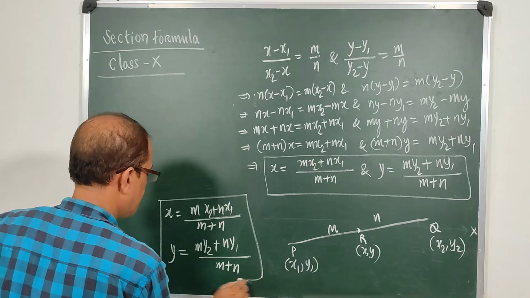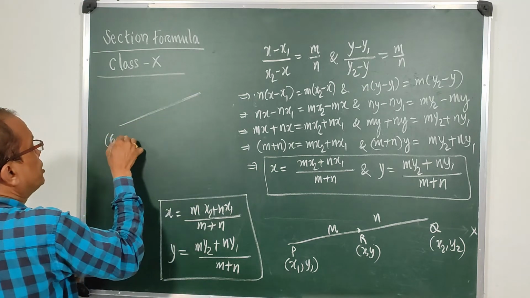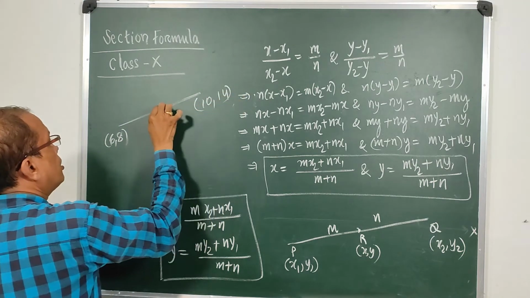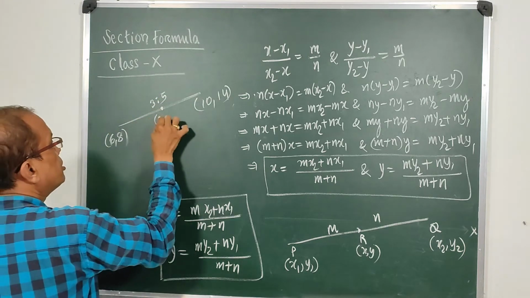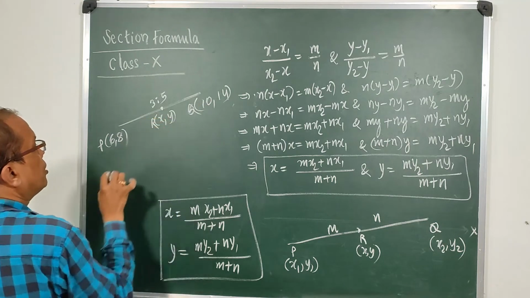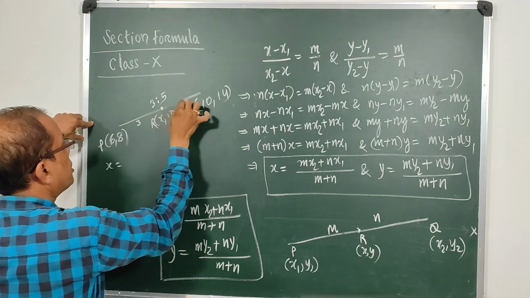Now just put these things. Suppose this point is (6, 8), this point is (10, 14), and this point divides in the ratio 3 is to 5. So if the points are P, Q and R, and R is (x, y), then what will be x? This part is 3 and this part is 5.